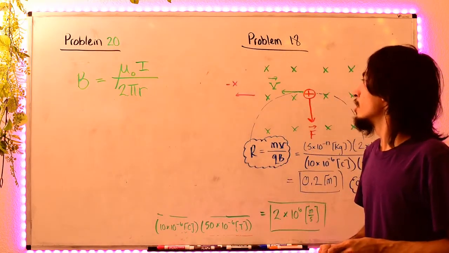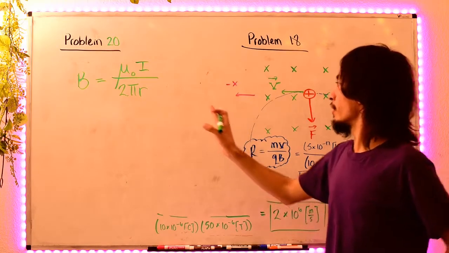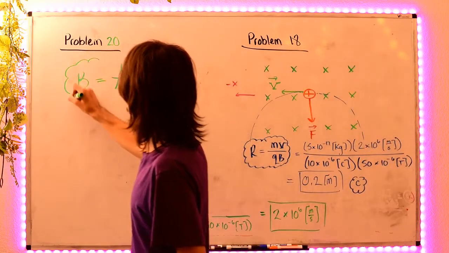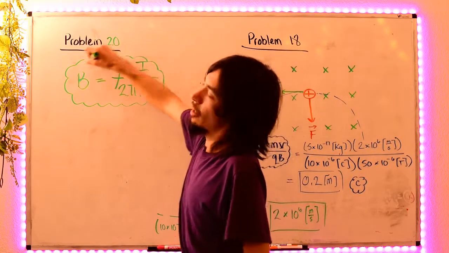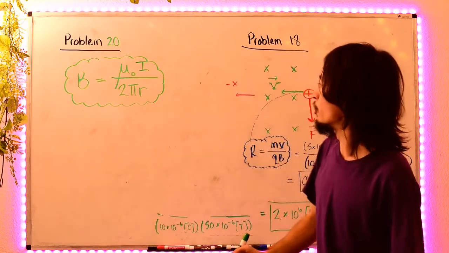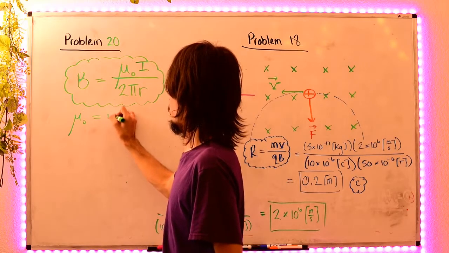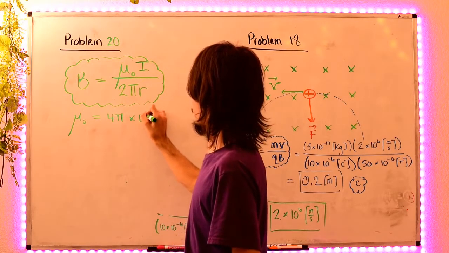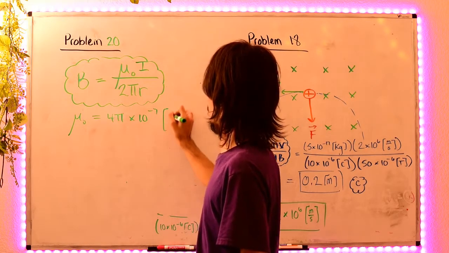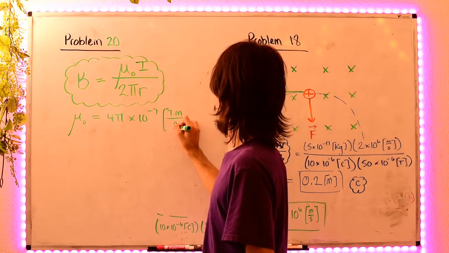Okay? Everything in this formula I'll define for you so that when you see it, likely tomorrow, you'll know what everything is. So mu naught is just a constant. It's 4 pi times 10 to the minus 7th Tesla meters per amp.